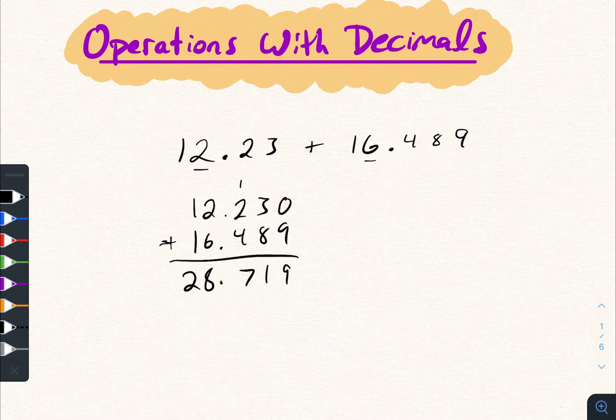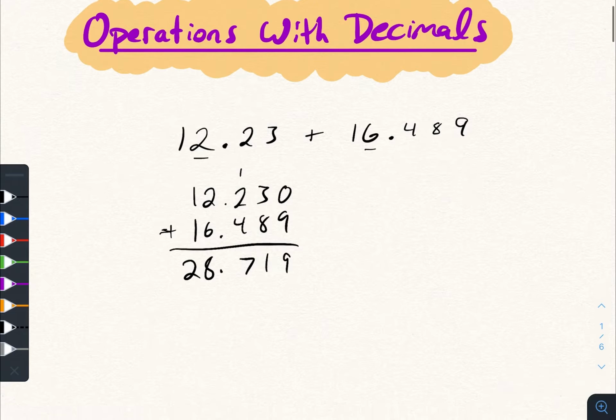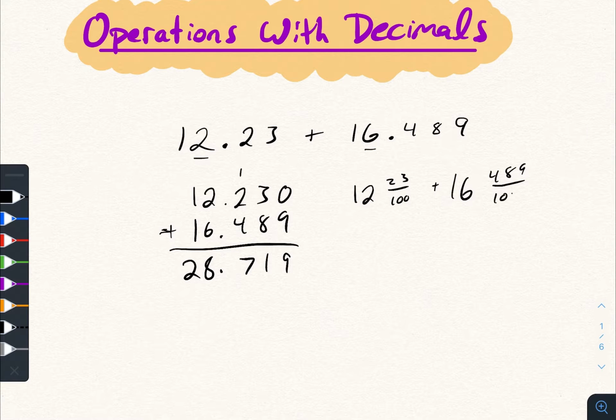Now, the other way that you could think about this is to think about this as a fraction. So 12 and 23 hundredths plus 16 and 489 thousandths. You could add this the same way that you would add any fractions.